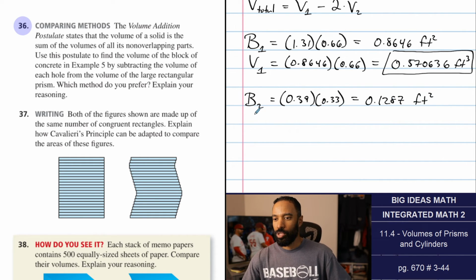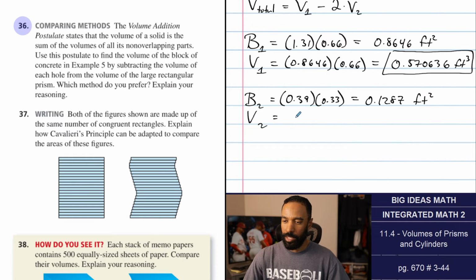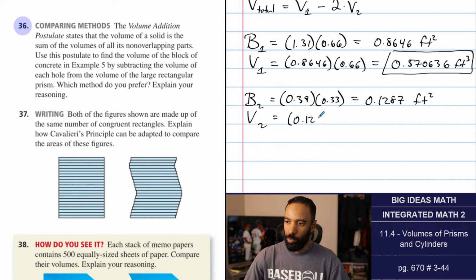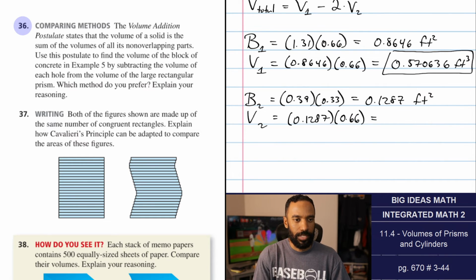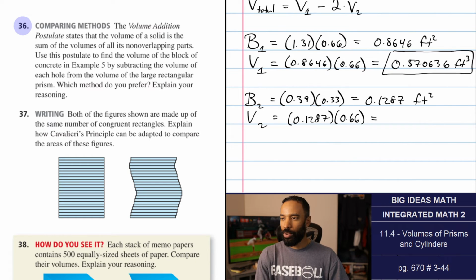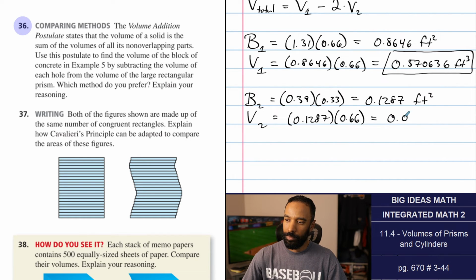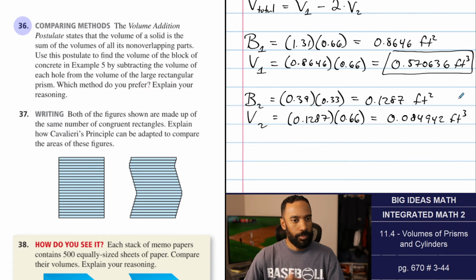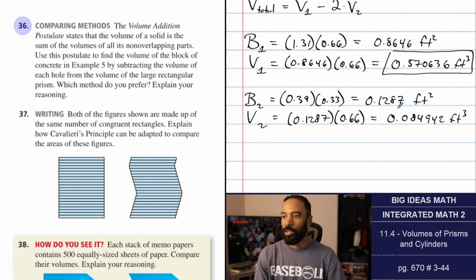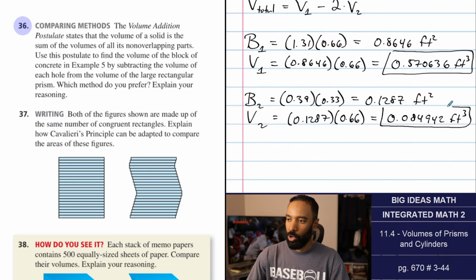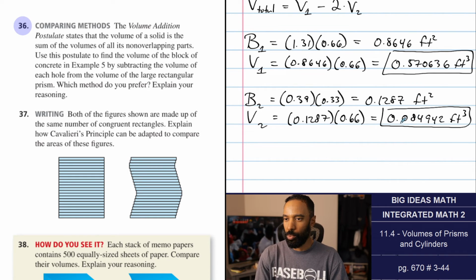This was the 5, right? So the volume of this is going to be 0.1287 times 0.66, which is exactly 0.084942 cubic feet. Okay, so the volume of the total, we're going to take one of these minus two of those.